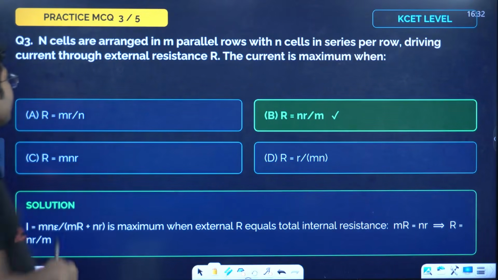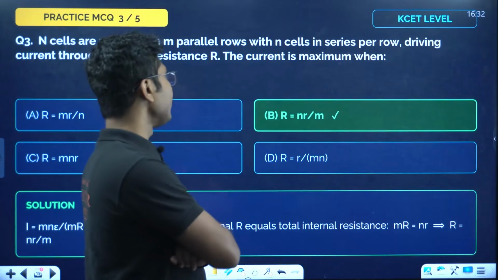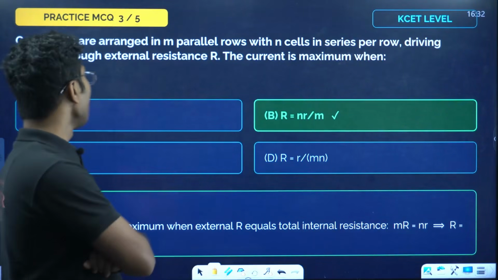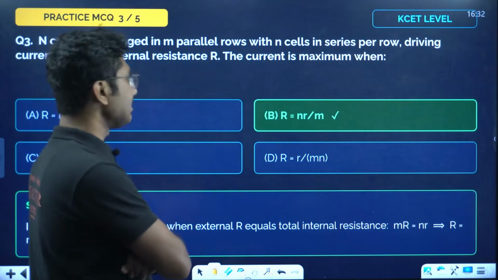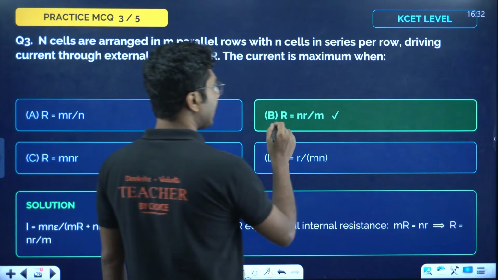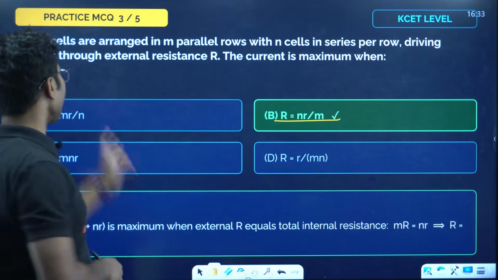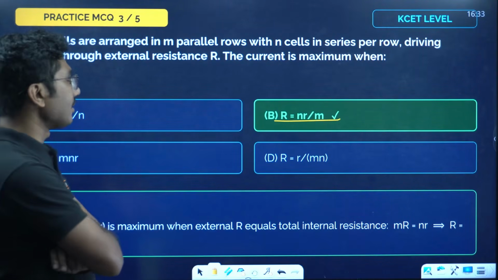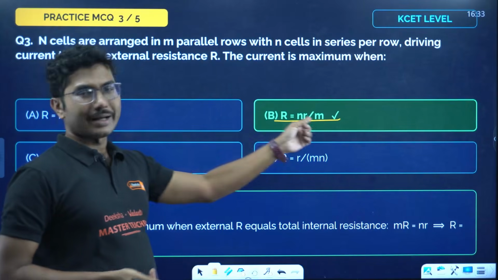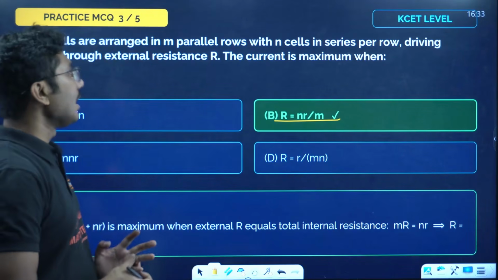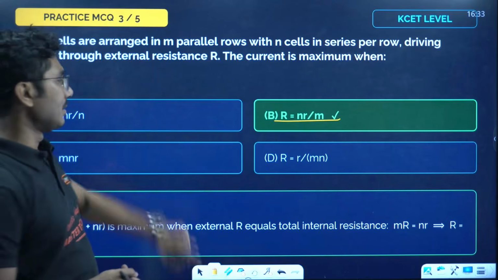Let's move on. Capital N cells arranged in parallel rows with the cells in series per row, driving current through external resistance capital R, current is maximum when R is equal to NR by M. Okay, so this is a mixed grouping. If N cells are arranged in M parallel rows, N cells in series per row, then the current is maximum when the resistance is, remember, series by parallel.